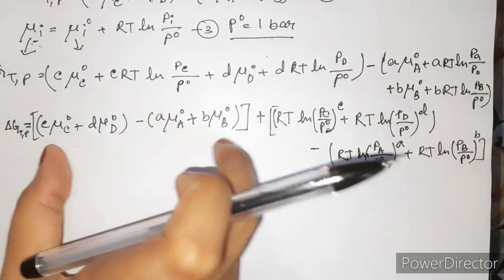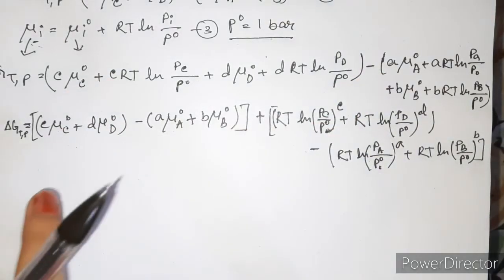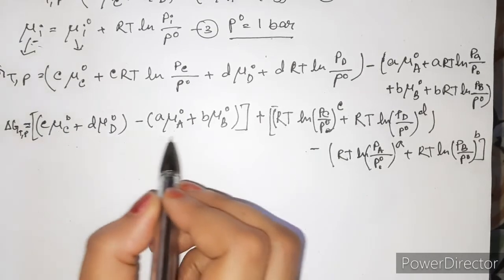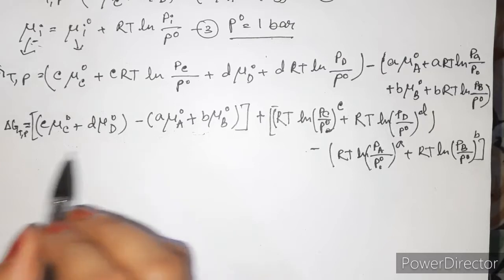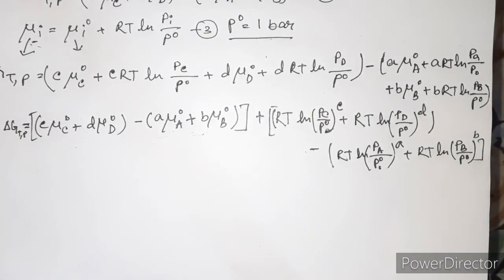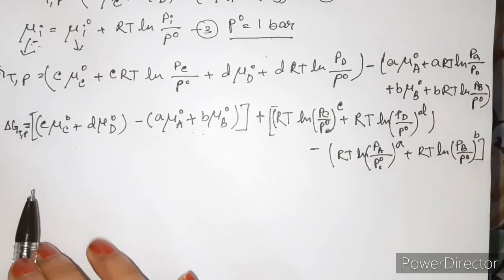So you can divide this total equation into these two parts. Actually this is the chemical potential difference of the product and the reactant in pure form.